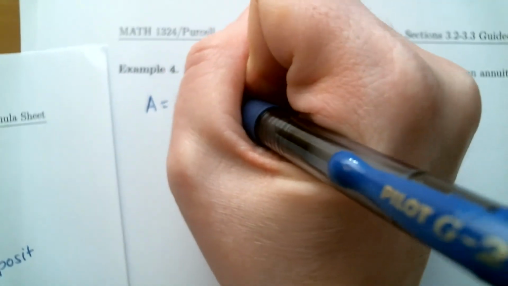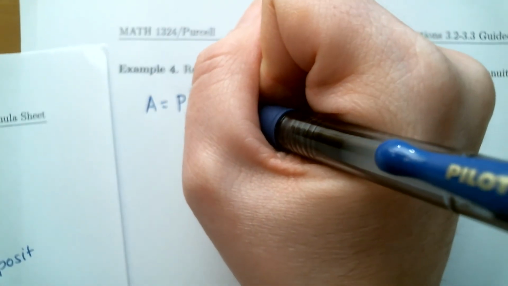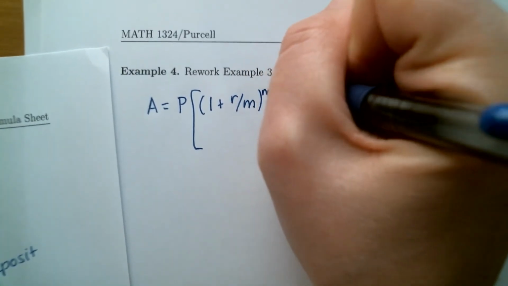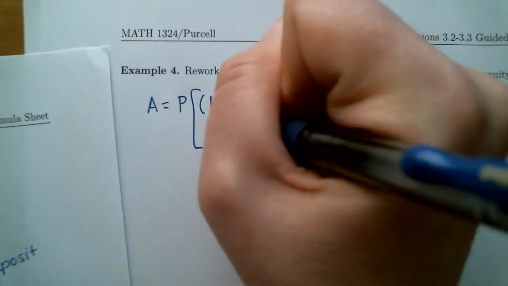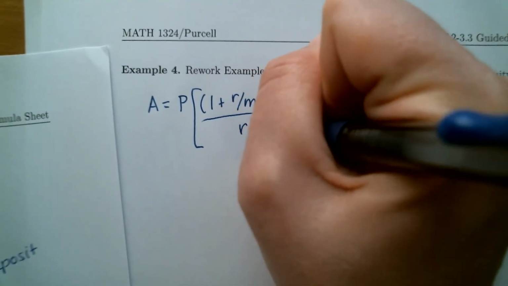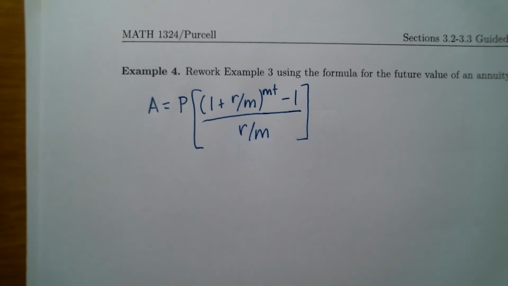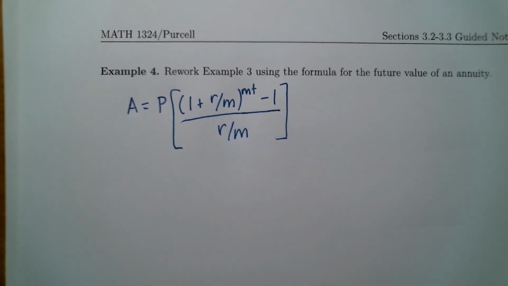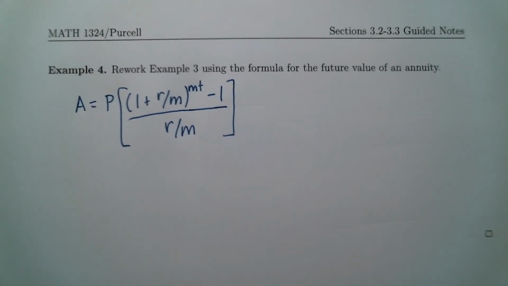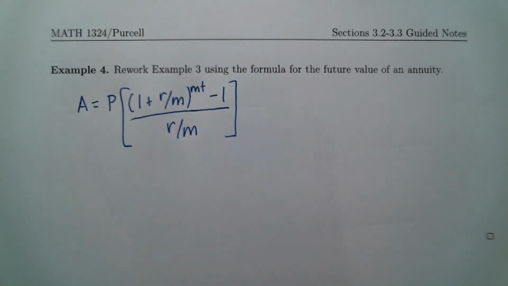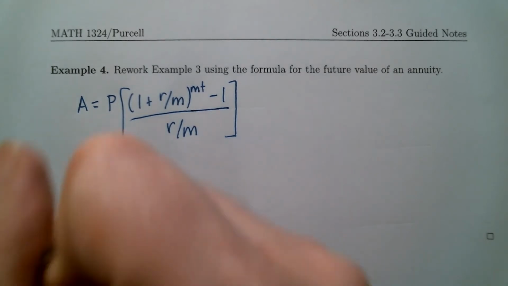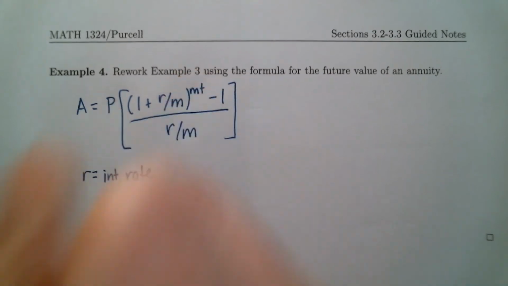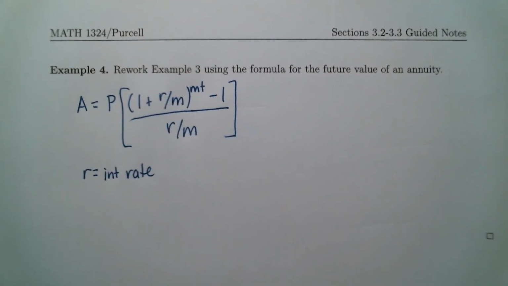It is definitely more complicated than the compound interest formula. But you do see the same variables, which is good, and they pretty much have the same meaning. So let's talk about that really quick, and then we'll plug and chug, and we should get the same answer we got through mapping the problem out. All right, so when you're working with this formula, R is, of course, the interest rate, and like I've told you before, has to be a decimal when you plug into the formula.